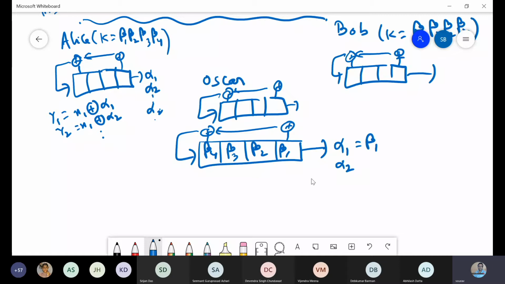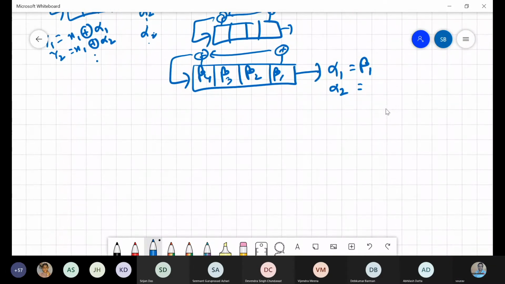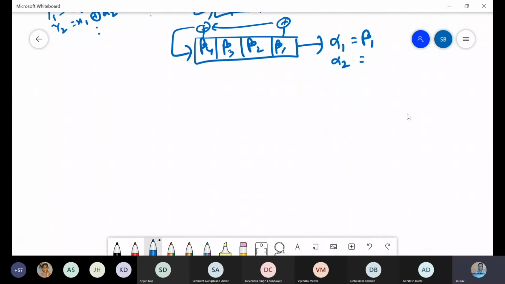And what is alpha 2? Alpha 2 is the next key stream bit. How do we get alpha 2? Any guess? Just do this. So beta 4 will come here, beta 3 will come here, beta 2 will come here, and this will be the XOR of beta 1 and beta 4, right?